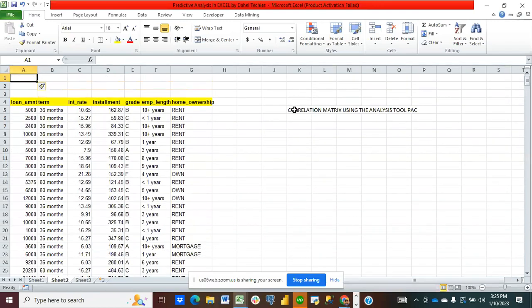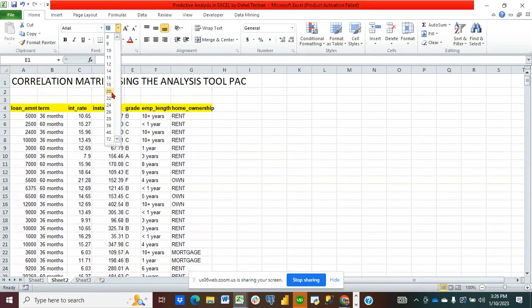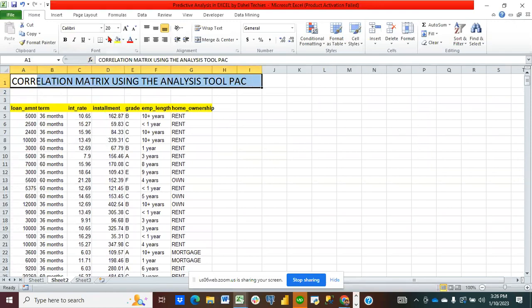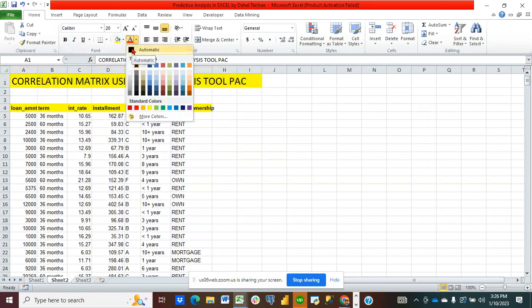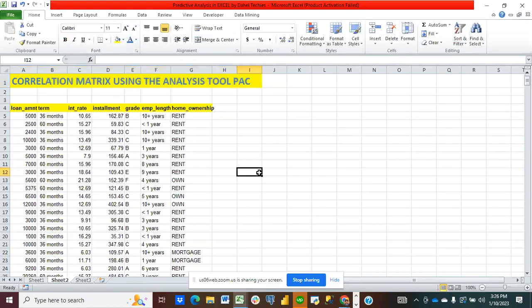All right, so we are looking at correlation matrix using the analysis toolpack.